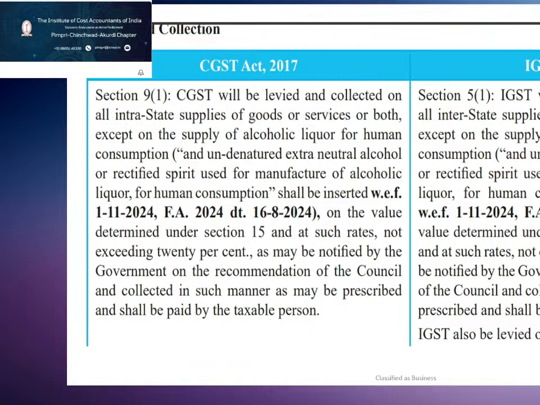See, there are multiple transactions he is doing. We need to determine whether he is eligible for the composition scheme or not. What is the first transaction here? The value of taxable outward supplies, out of which 10 lakhs was in the course of interstate transactions.